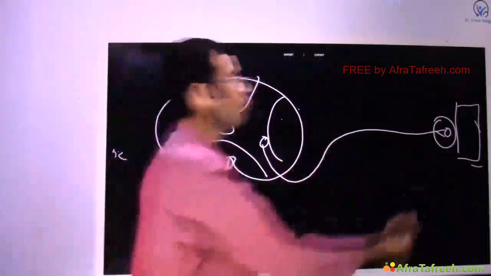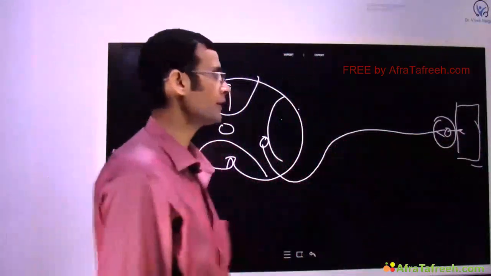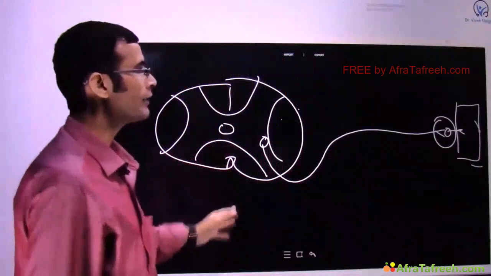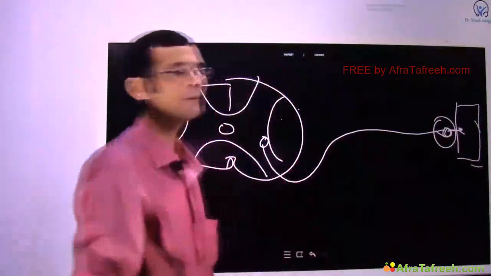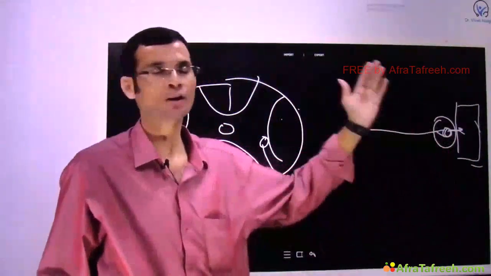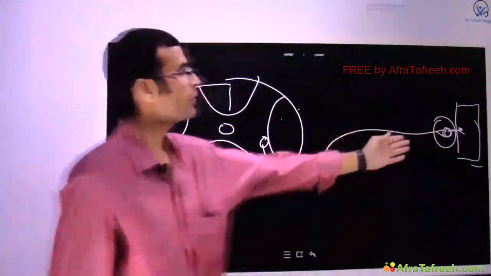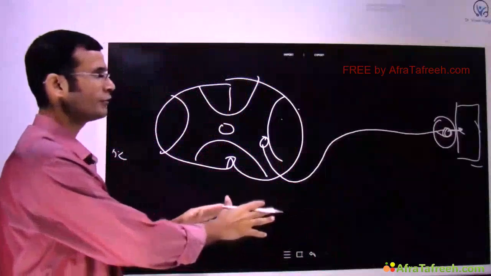That means the postganglionic nerve is very short. In fact, the postganglionic nerve does not have a nerve fiber at all. It's an anaxonal type of nerve. It does not have an axon, it does not have a nerve fiber. Why? Because it does not have to cover any distance. That's the parasympathetic nerve for you.